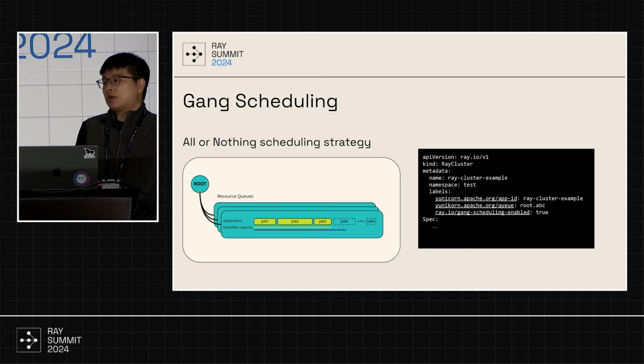This is a per-application configuration you can apply. And once you have that enabled, YuniKorn will basically reserve all the resources ahead of time before actually scheduling. This way we can really avoid the situation where some of the replicas only get partial resources and none of the workers are making progress. And this is very helpful.